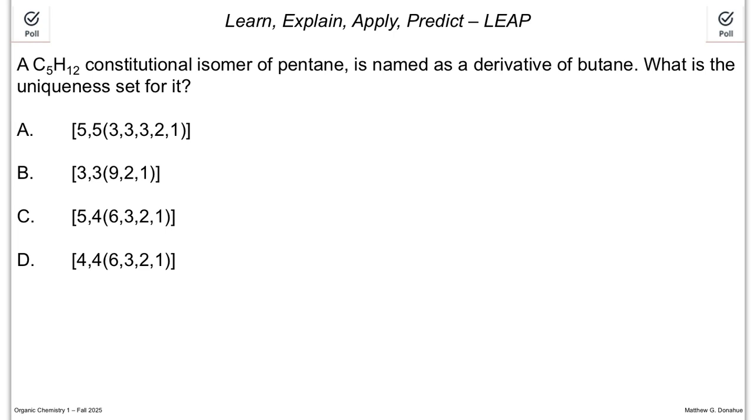So this question states, another constitutional isomer of pentane is named as a derivative of butane. Can you figure out the structure and then what is the uniqueness set for it?